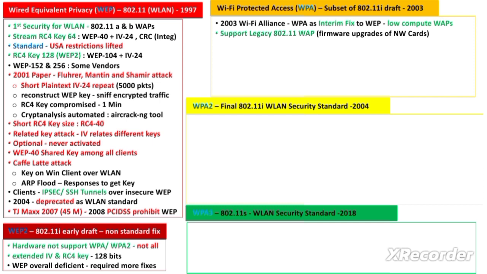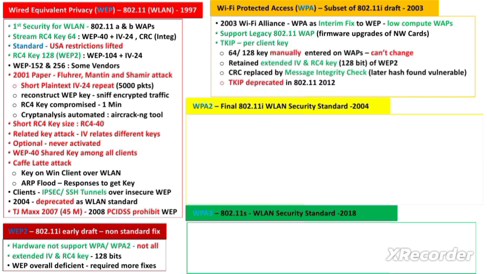So by upgrading the firmware of wireless access points and their network cards which were installed on these wireless access points, these were able to use the WPA. So WPA is also known as TKIP or Temporal Key Integrity Protocol.